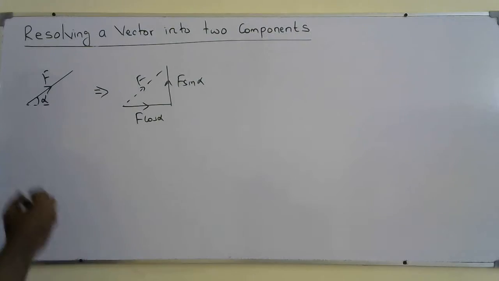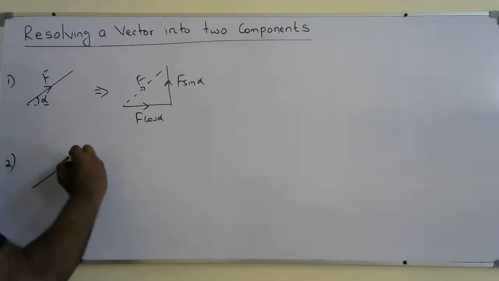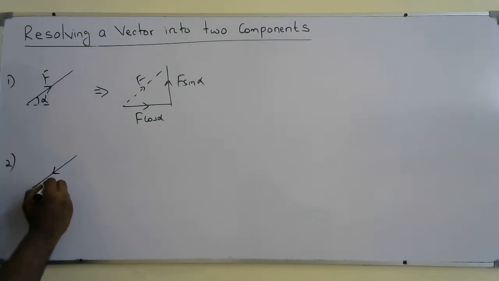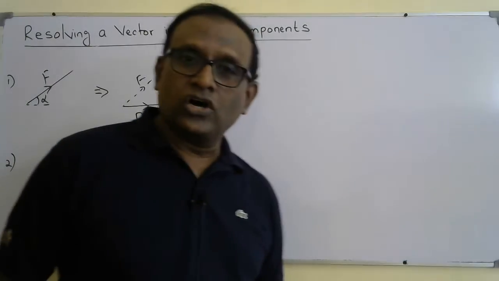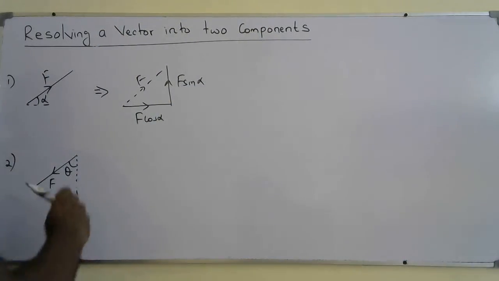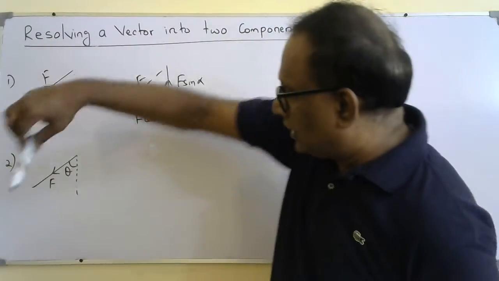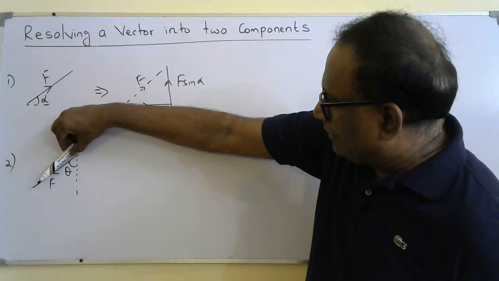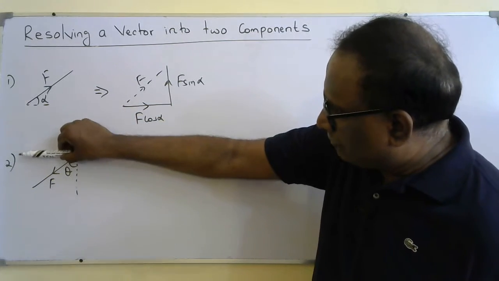Now consider a second example, a force or vector F that makes an angle theta with the vertical line. How to find its horizontal and vertical components? Keep your pen along the arrow. To get the horizontal component, I should move it away from the given angle.